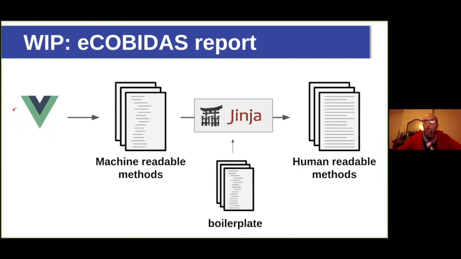So this is just the big idea of how this works. Once you use the app, you get a set of JSONLD files, which, as I said, is just a machine readable version of your methods. On the side of that, you've got some boilerplate method section with some empty gaps. Then you can use one of several templating tools, I'm just highlighting Jinja for Python here, with those two inputs to create a human readable version of the method section.